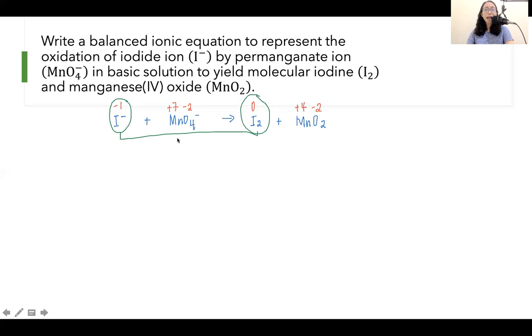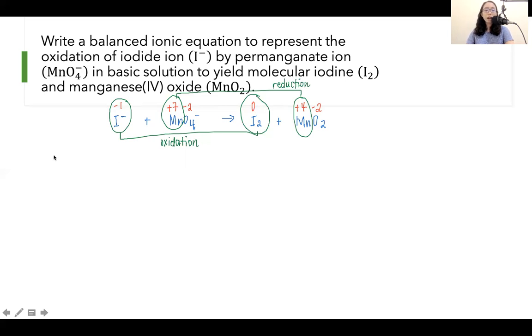So this is an increase in oxidation number. So this is our oxidation half reaction. And we see manganese from +7 to +4. There is a reduction in its oxidation number. So this is our reduction half reaction.